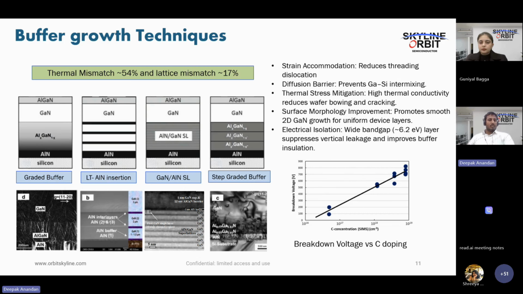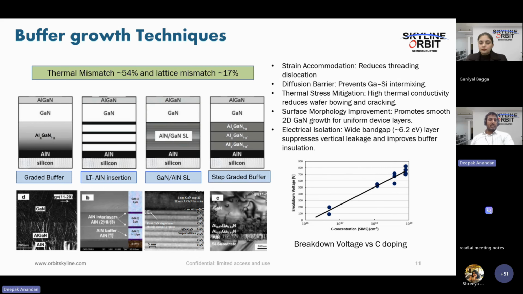Of course, temperature uniformity and other factors will make the silicon substrate bow. So you will end up with mole fraction non-uniformity or thickness non-uniformity, among many factors. To avoid that, you need to insert the aluminum nitride nucleation layer. After that, you will have different kinds of buffer growth techniques that industry follows based on their technology.